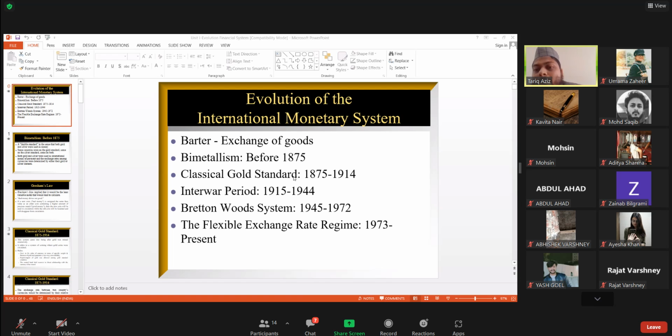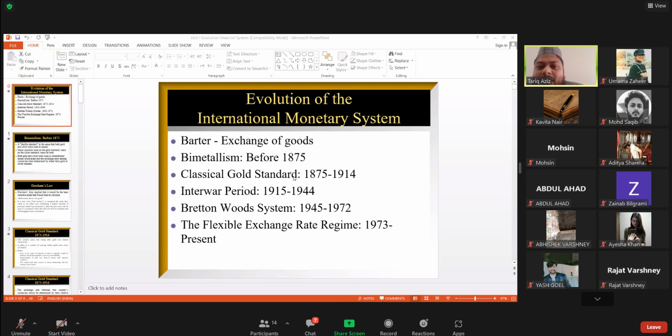So the trust between different countries deteriorated. Every country lost trust in each other, and during this period, 1915 to 1944, there was turmoil in international trade, and there was almost nil international trade.